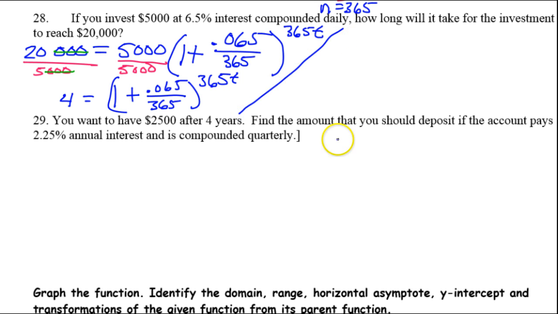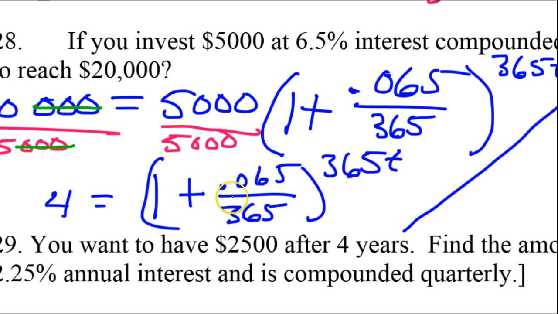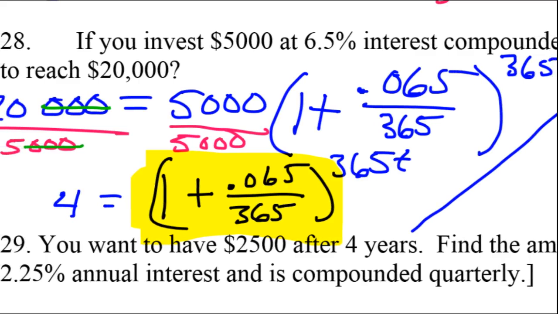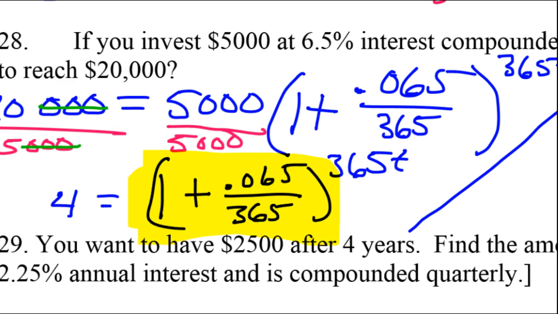Alright, so this is pretty ugly, but we can do it. When you write log form, always start with the base. So this is the base right here. We're going to start by writing log base this. I recommend not converting this to a decimal. I know it's going to be a little ugly, but you're going to lose too much information if you try to turn this into a decimal.